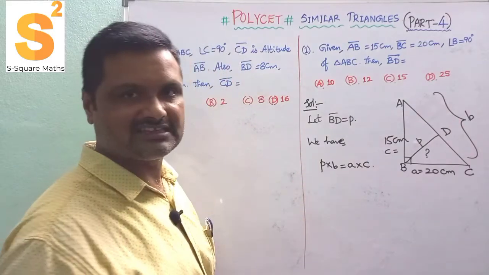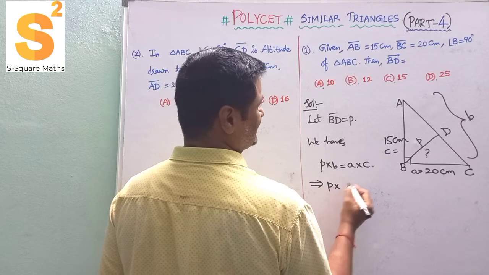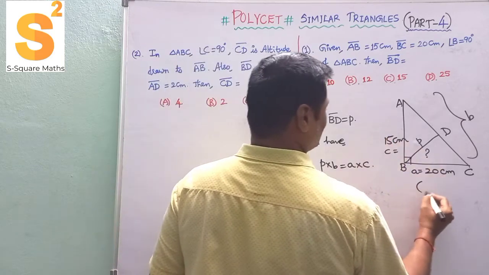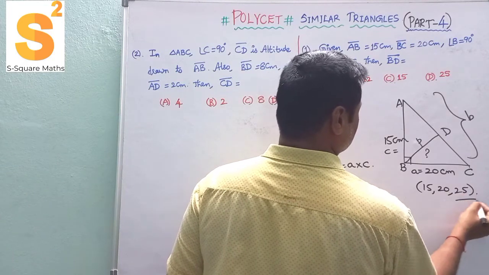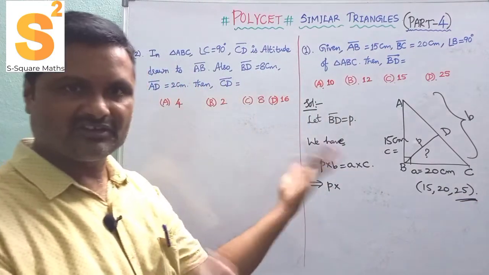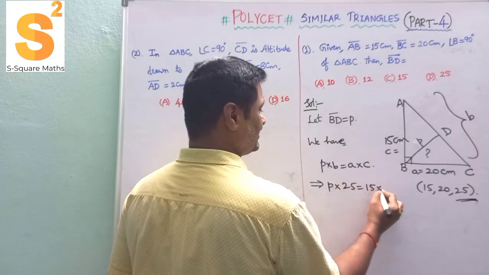Then Pb equals ac. So P into b, where 15, 20, 25 forms a Pythagorean triplet. If you remember that, you can write it directly: P into 25 equals 15 into 20.